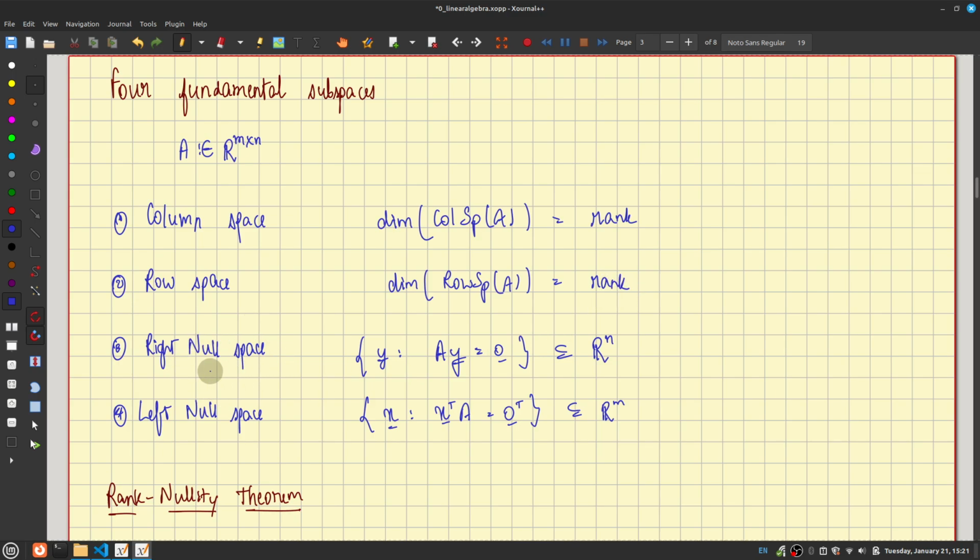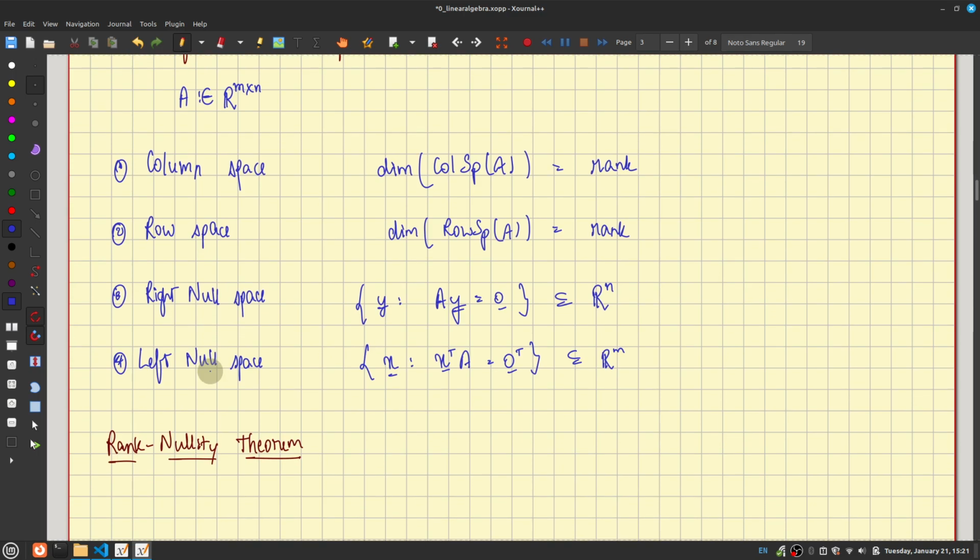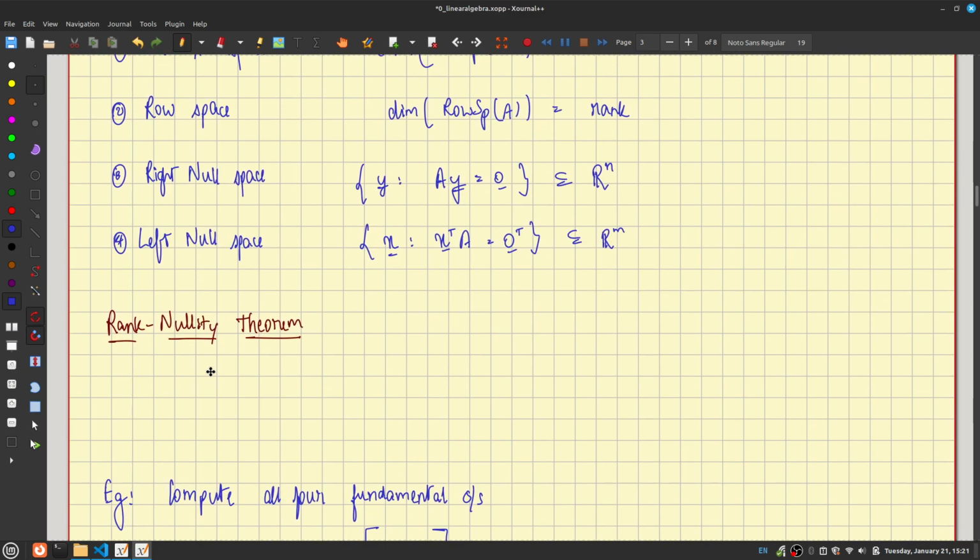The dimension of the right null space is called the nullity, right? And similarly, you can also define the dimension of the left null space. And what is the relationship between the rank and the nullity? Right, so the rank of A plus the nullity of A should be equal to the number of columns, which is n.